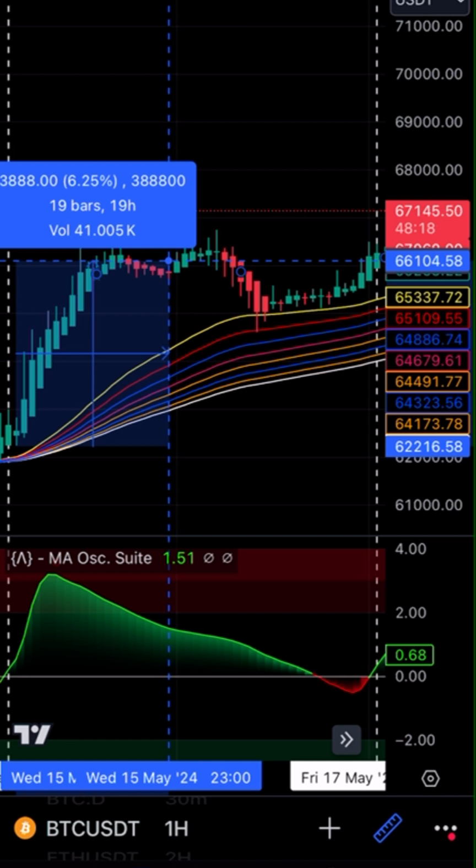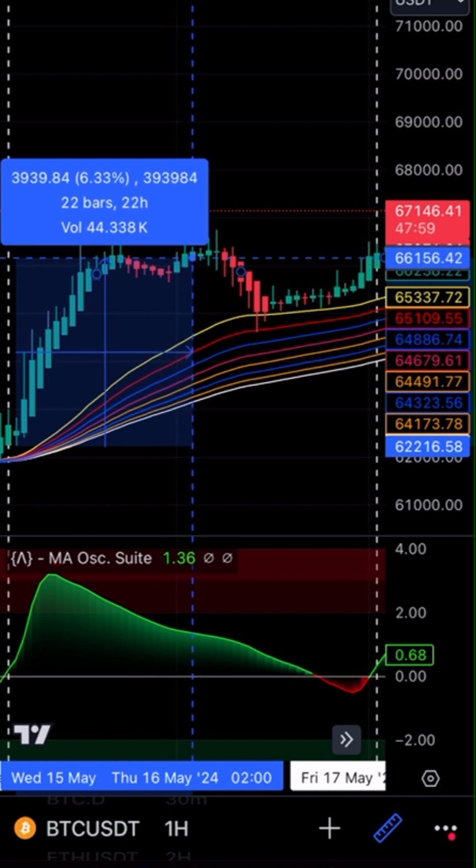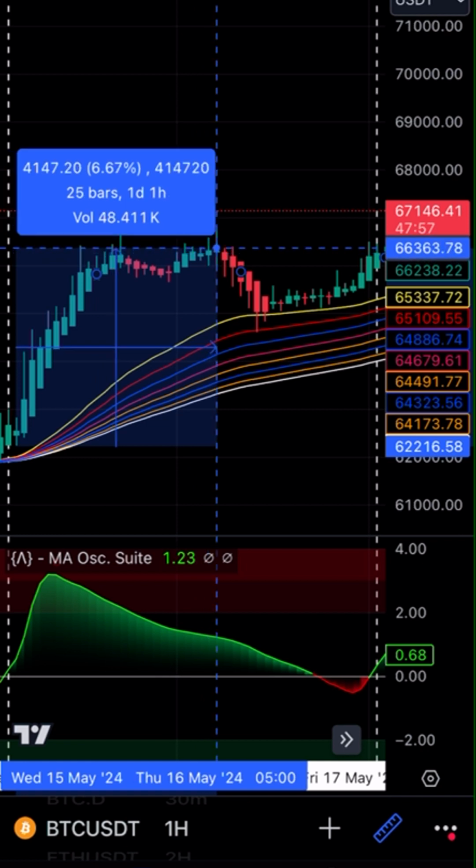I do this whenever I'm in my trade. I'm like, well, if the regularized moving average is getting smaller, that must mean it's going to start going down. But all it really means is it's getting weaker. The strength of it is getting weaker, and it might start going down. So as long as it's green, you should be still good.